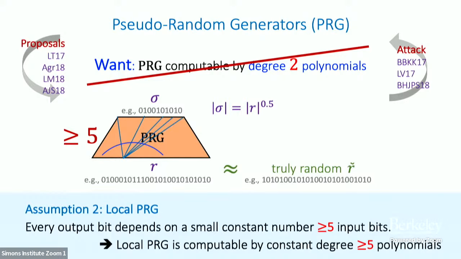So we're kind of stuck, right? I don't know how to securely compute a degree 5 polynomial. The only thing I have is a bilinear map that can only compute degree 2. On the other hand, we don't have degree 2 pseudorandom generators. So the final piece of the idea is that perhaps we can just work in between and have what we call, quote unquote, degree 2.5 PRGs.